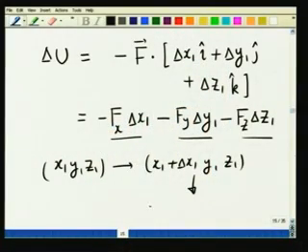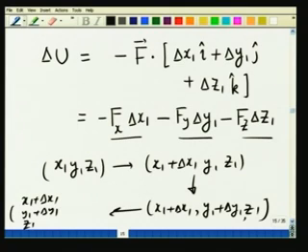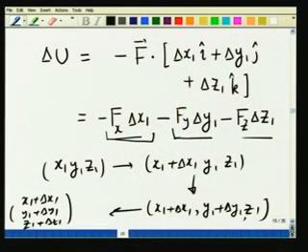I am moving the particle along the x axis first, then along the y axis, and then from there I could go to x 1 plus delta x 1, y 1 plus delta y 1 and z 1 plus delta z 1. And along each path, when I move along the x axis, I do this much work. When I move along the y axis, I do this much work, and when I move along the z axis, I do this much work.